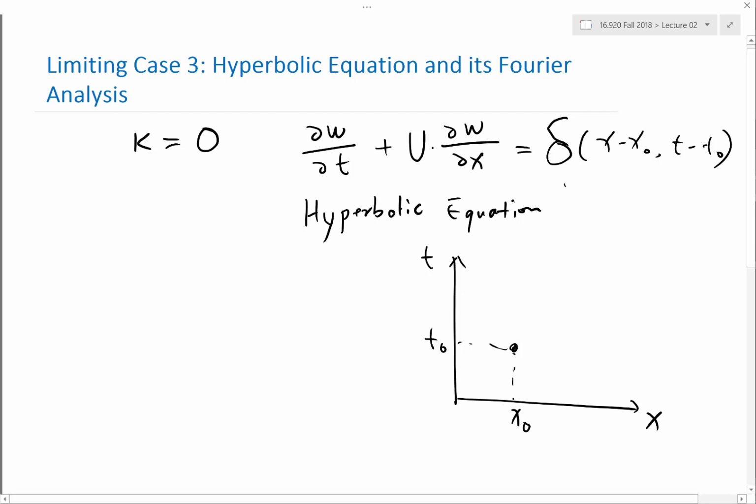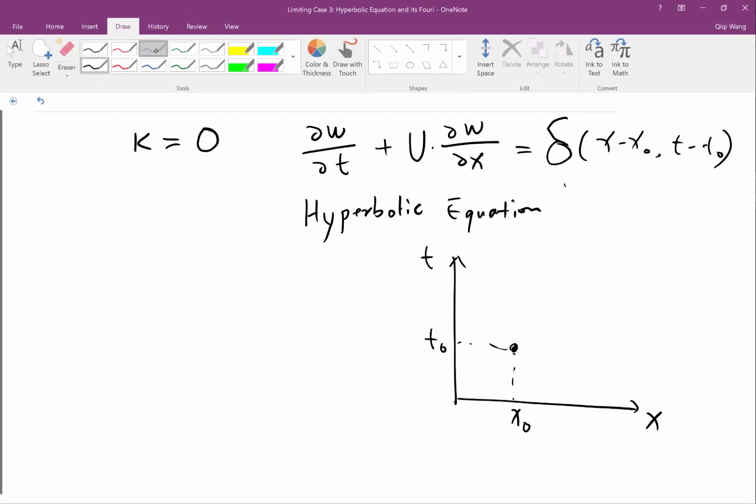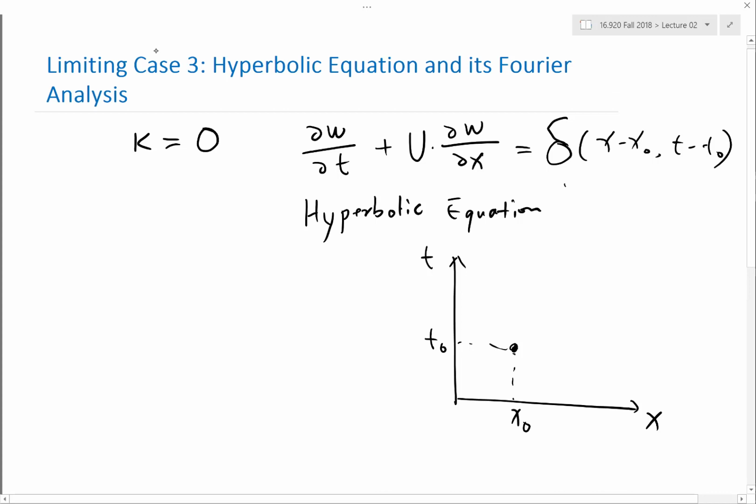Some people are drawing using your fingers. Can somebody come and actually draw on the screen on this diagram, which part of the solution is going to be non-zero? You don't have to use your fingers to draw in the air. All right, please.